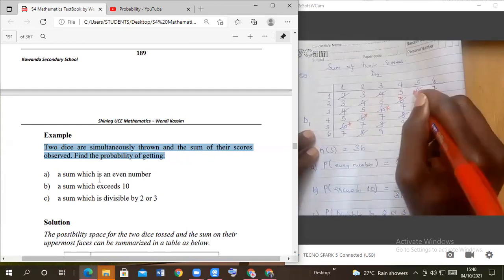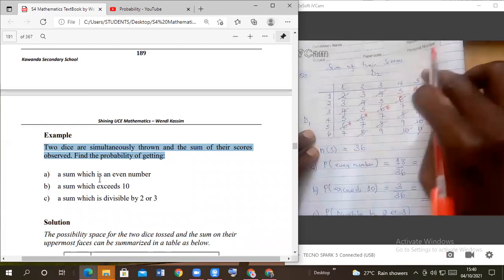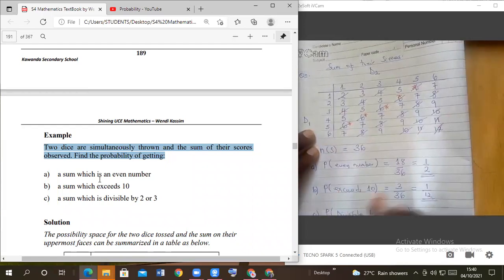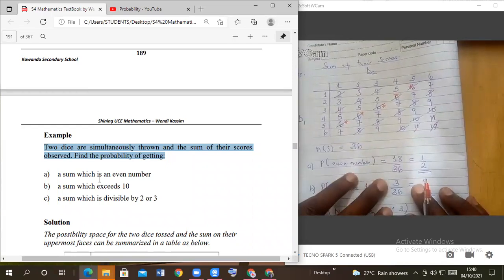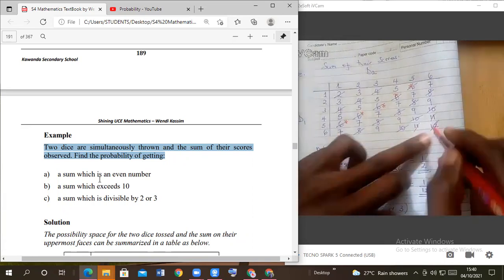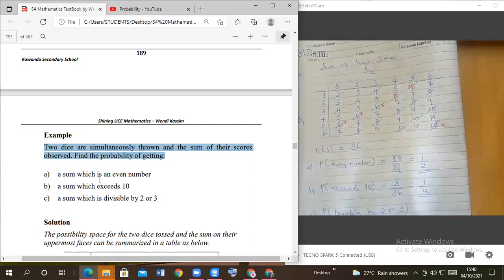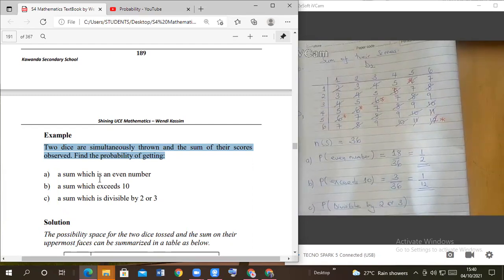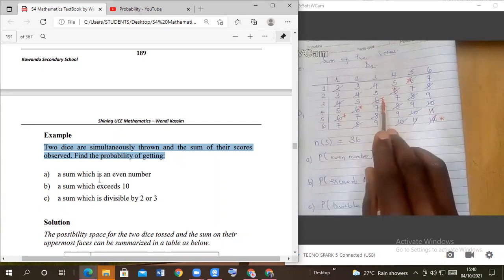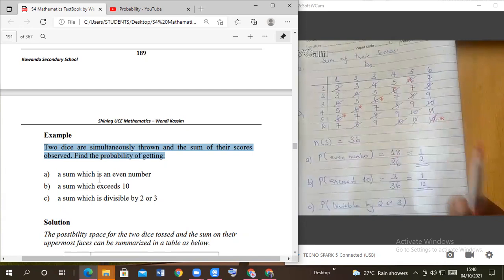You can see the line of 6. Is there any other number which is divisible by 2 or 3? No. So how many are there? 1, 2, 3, 4, 5, 6.